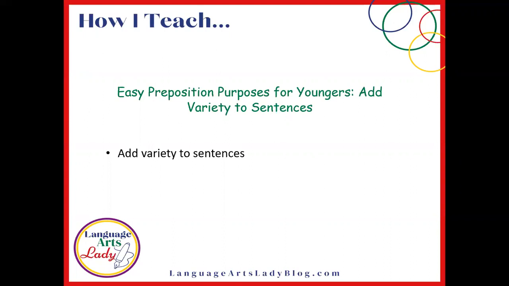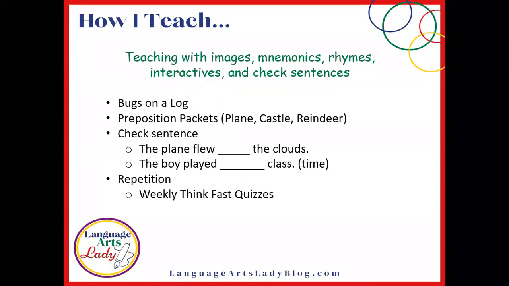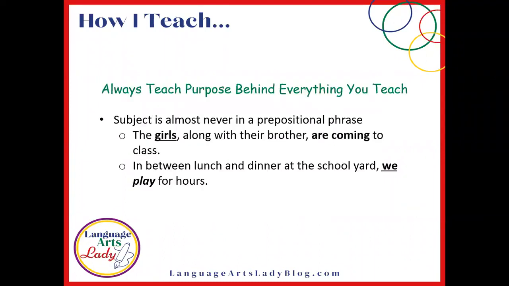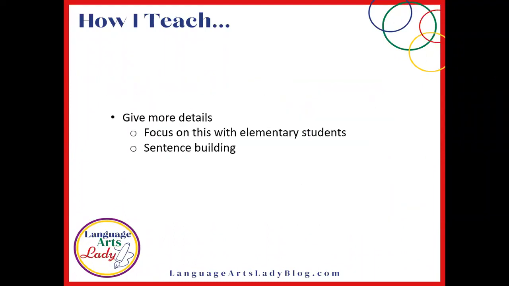They just need to learn more of them, and they just need to learn a variety of them, right? They already know that: yeah, I do that already. I say to the town and in the car and over the hills. Yes, you do. So let's get us a larger repertoire to be able to do that with. And then we'll move into all of these other reasons, right? Such as objective pronouns, prepositional phrase openers, and subject-verb agreement.